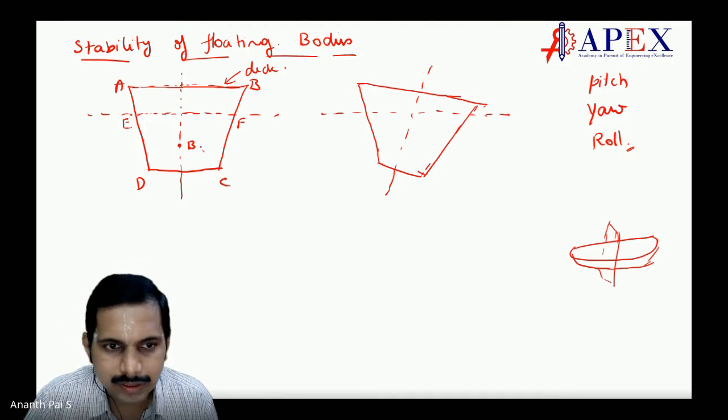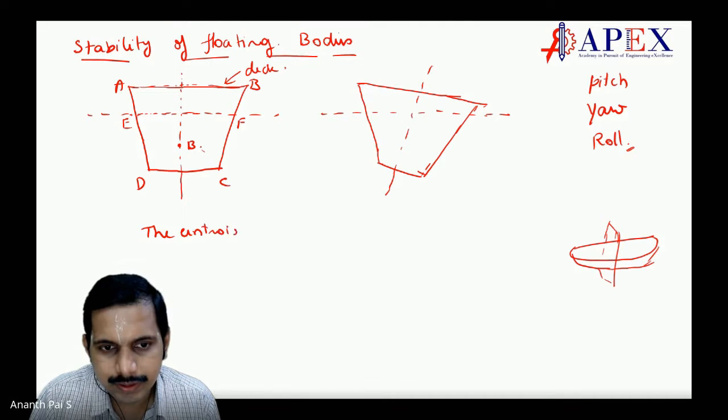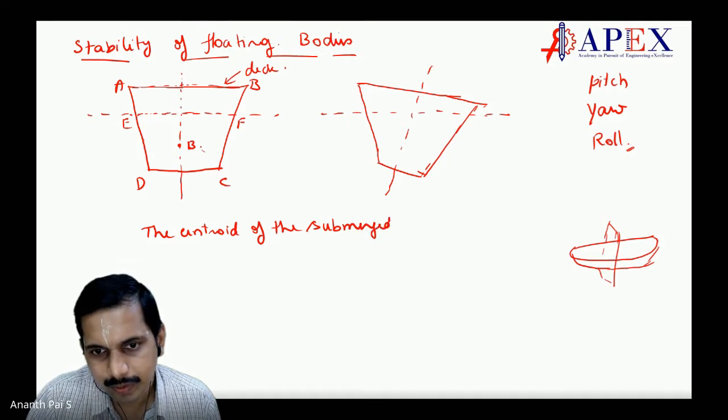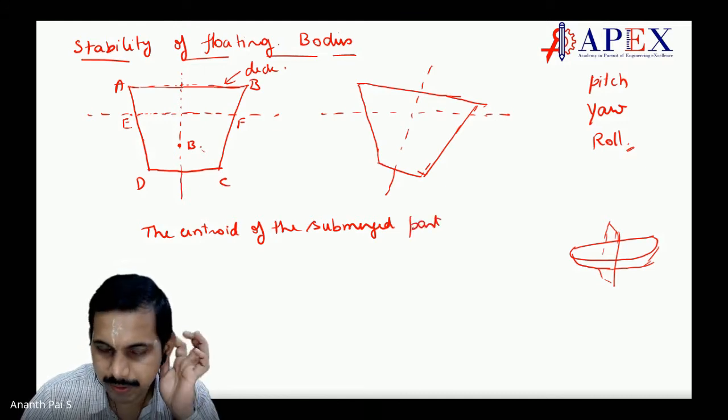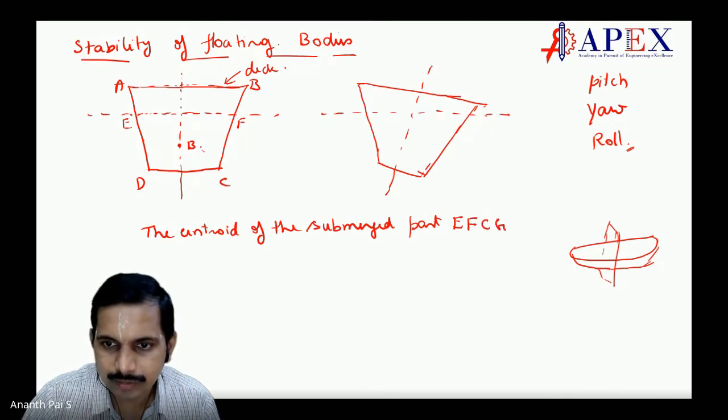The centroid of the submerged part, E, F, C, D, G is the center of buoyancy, correct?